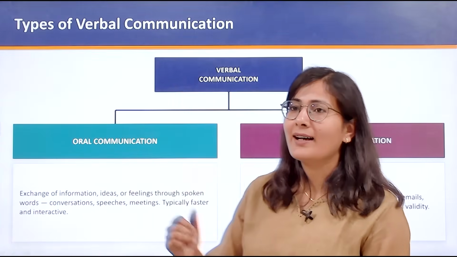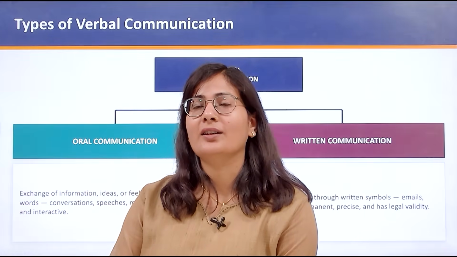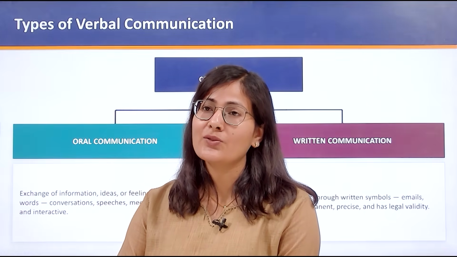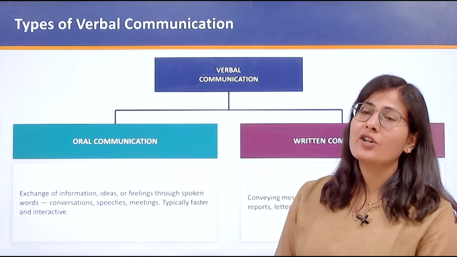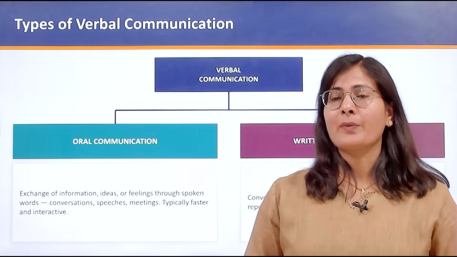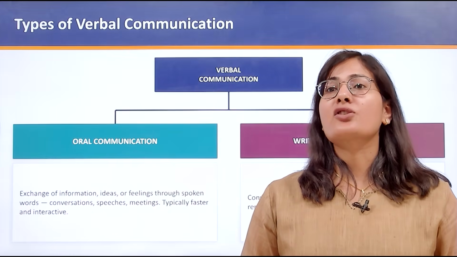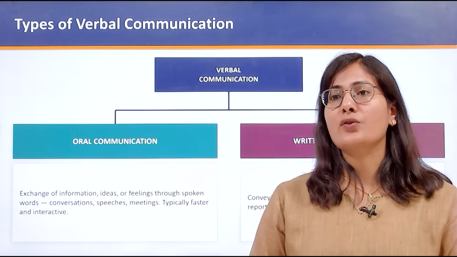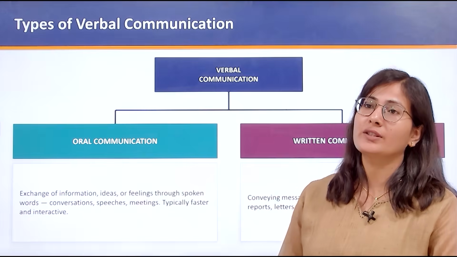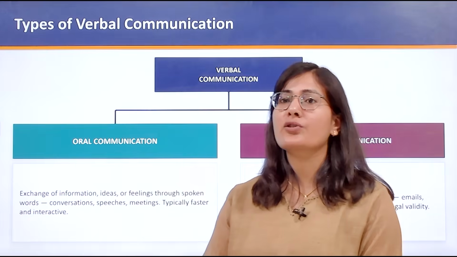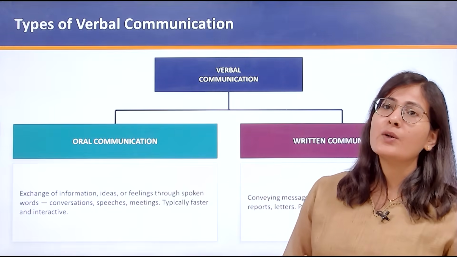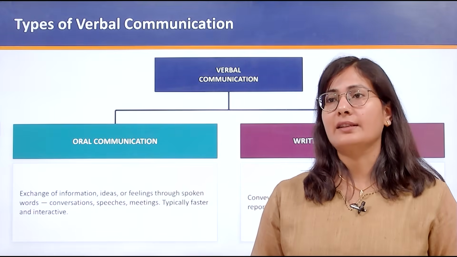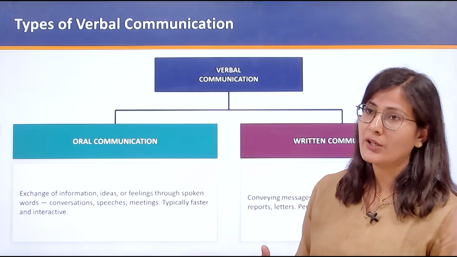And then, as I said, I'll be talking about the types of verbal communication. There are two types: oral communication and written communication. What is oral communication? Oral communication is the exchange of information, ideas or feelings through spoken words, for example conversations, speeches, and meetings, and it is typically faster and very interactive in nature.